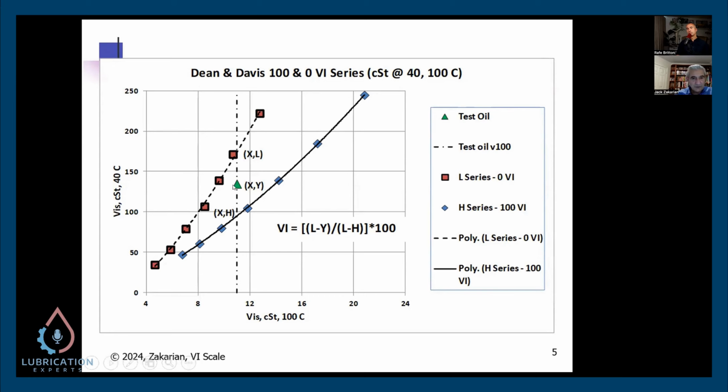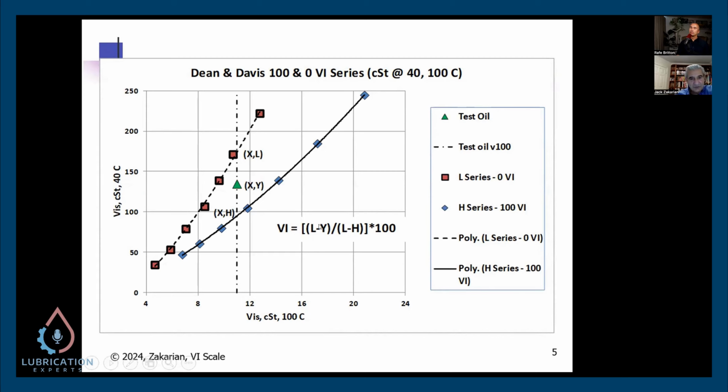So with this particular oil, you always do the comparison at 100 degrees Celsius. So it's maybe about 11 centistokes here. If your unknown oil has a vis of 11, you look at what the high series is at 11, the vis at 40, and then you look at the low series, what the vis at 40 there is.